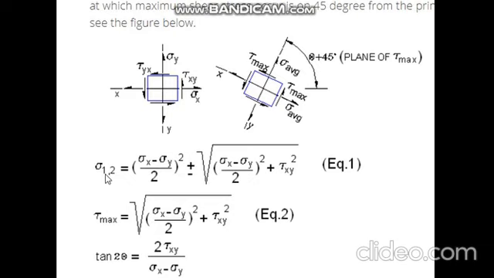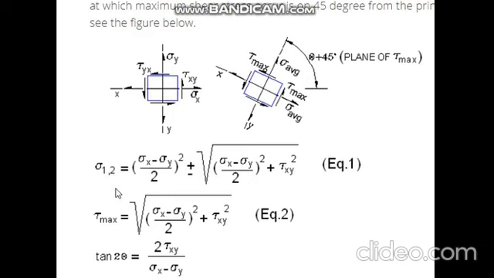One is sigma 1, the maximum principal stress, which is equal to (sigma x minus sigma y) by 2, plus the square root of ((sigma x minus sigma y) by 2) whole square plus tau xy square. Whereas the minimum principal stress, that is sigma 2, is the same, only that you have to take the negative sign here. Okay, these are two equations, one for sigma 1, the maximum principal stress, another for sigma 2, which is the minimum principal stress.